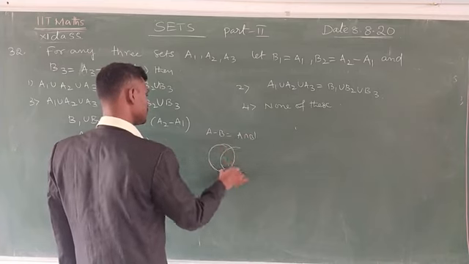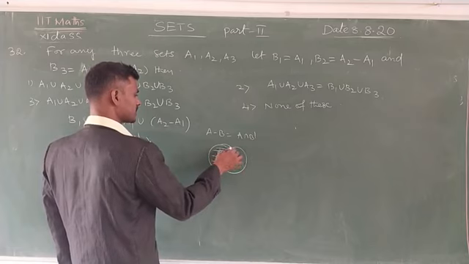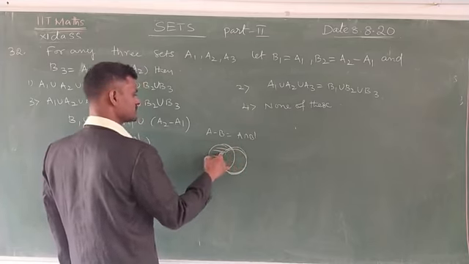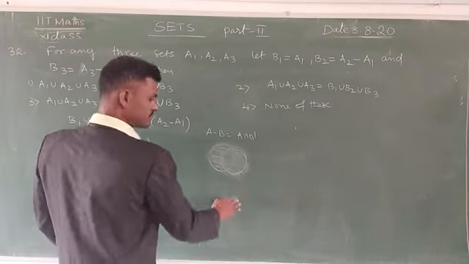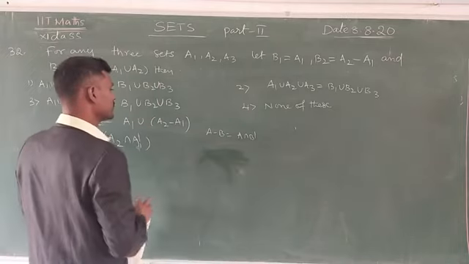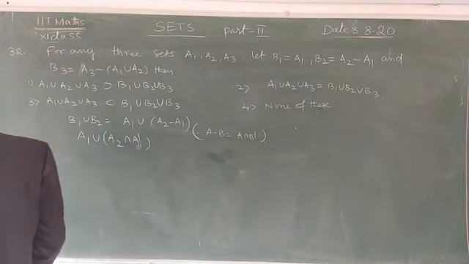How is it? See here, A minus B means this is only A intersection B dash. B dash means complement, intersection means this is only. Therefore A minus B is equal to A intersection B dash.